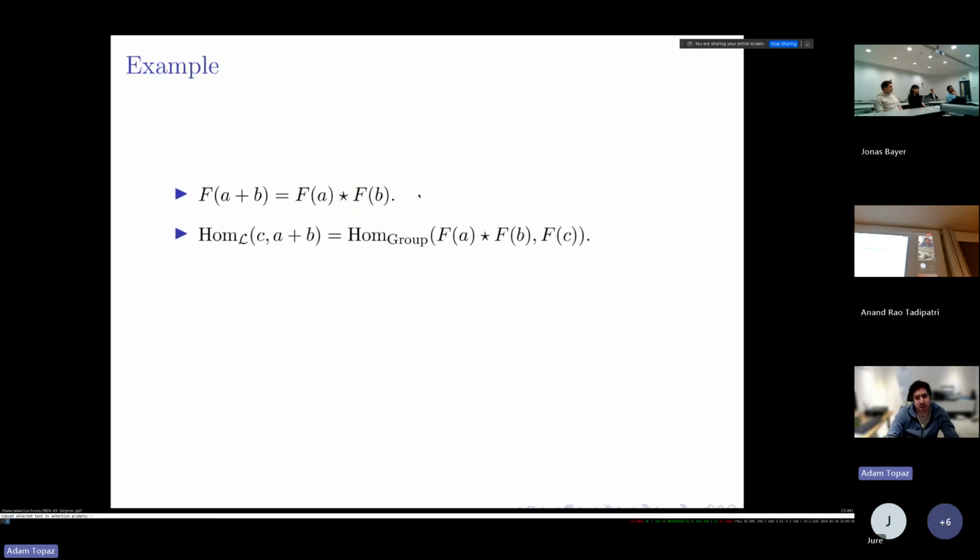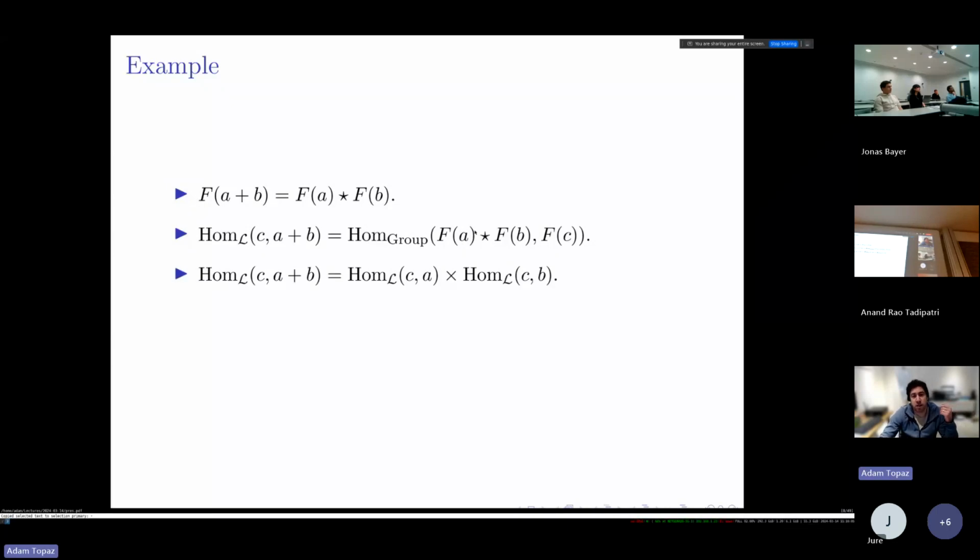And now we can combine this with our definition of the category structure of L, which will then tell us that if I look at morphisms from C to A plus B in this category L, by definition, that's the same as morphisms of groups from the free product of these two groups to this group F of C. Now we can use the universal property of the free product of groups.